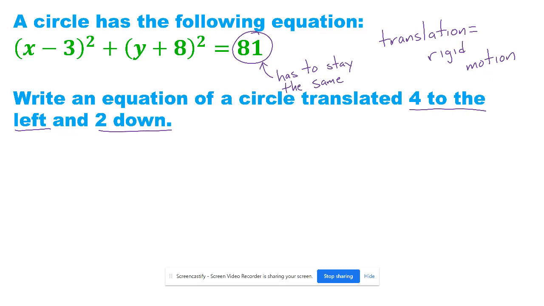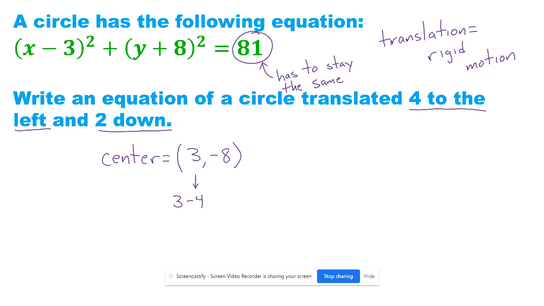So to do the translation, one thing we can figure out from this equation is the center. We're going to identify the center of the original equation, and that's going to be positive 3 and negative 8. Remember, you change the signs. Now, if we go 4 to the left, we take our x coordinate, and left is negative, so we add negative 4 to it: 3 minus 4.